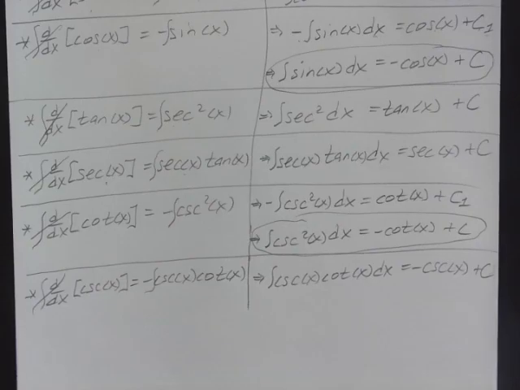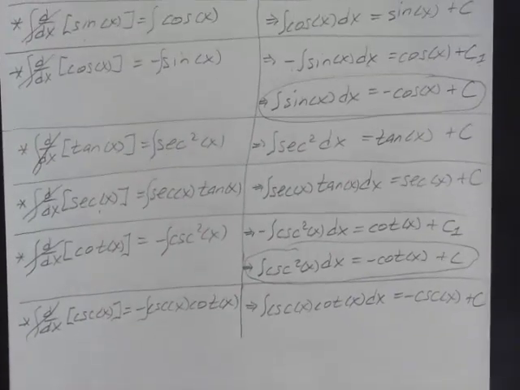Okay. So if you notice, we don't have an integral of tangent or an integral of secant. We have secant squared, but that's an entirely different process to find the integral of secant than it is secant squared.